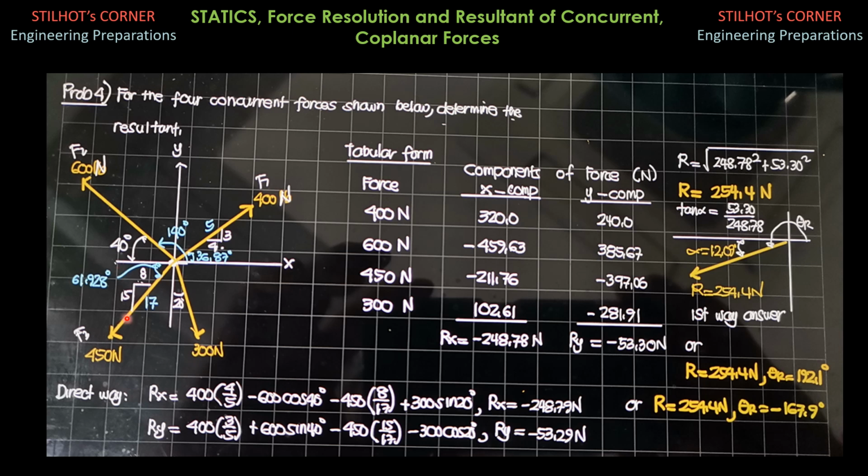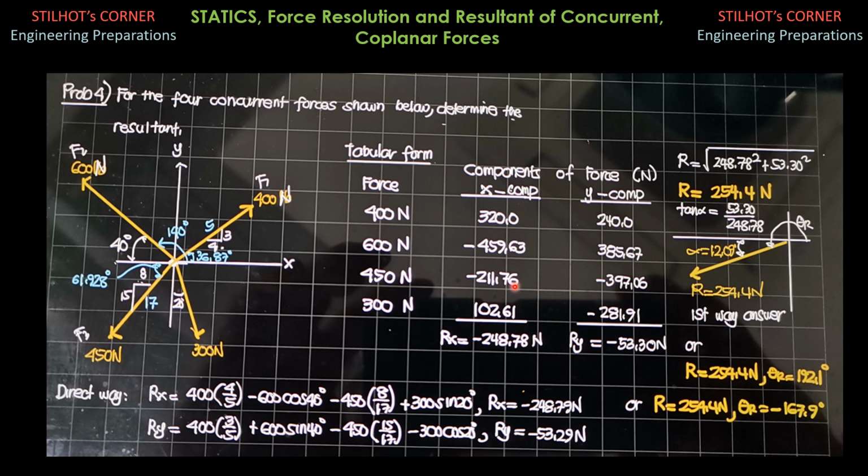For the y component, which is also negative, it is negative 450 times 15 over 17. And you will get negative 397.06 newtons. Another way is, because this is 61.928 degrees, inverse tangent of 15 over 8, the angle it makes with the positive x-axis is that angle there, 180 plus 61.928 degrees, that's 241.928 degrees.